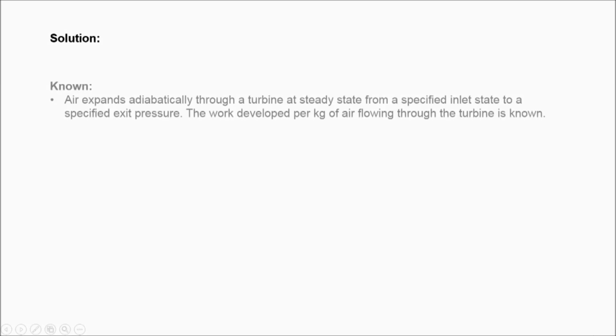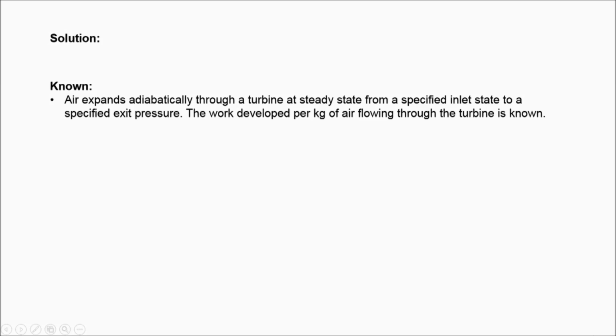The first thing we have to do for any problem solution is to summarize what is known. This is essentially the same information we highlighted in red in a critical read of the problem statement presented here in a bulleted list format. Air expands adiabatically through a turbine at steady state from a specified inlet state to a specified exit pressure.